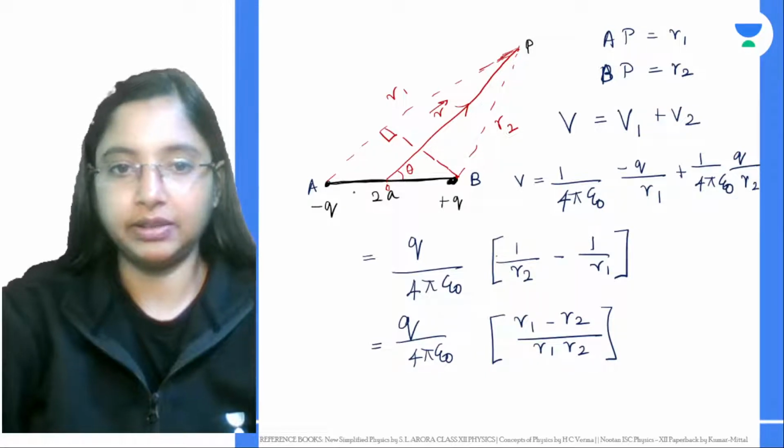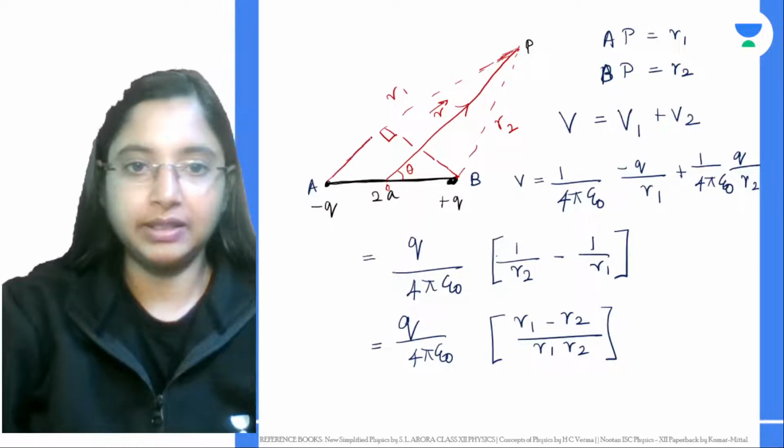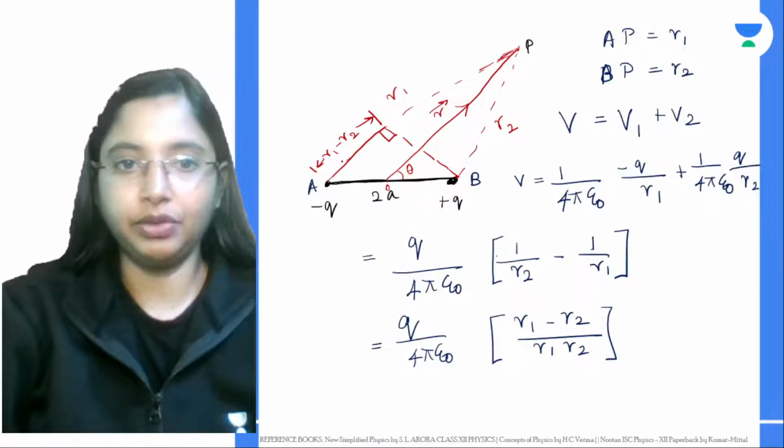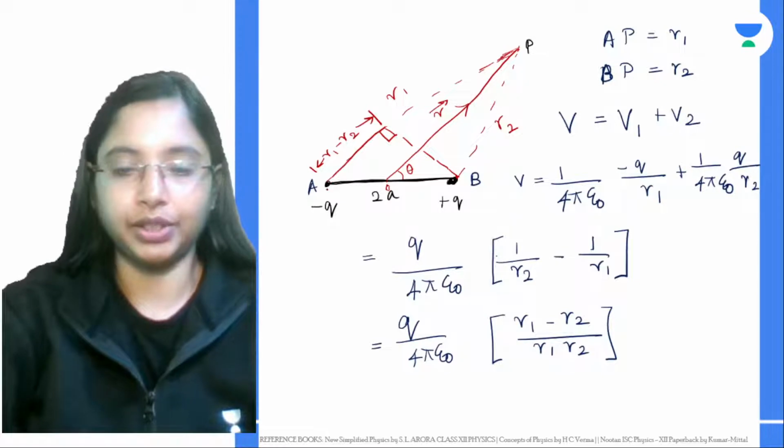If this is theta, this is again theta. If this distance is R2 and this distance is R1, then this distance will be R1 minus R2. Whatever is R1 minus R2 will give you this distance.